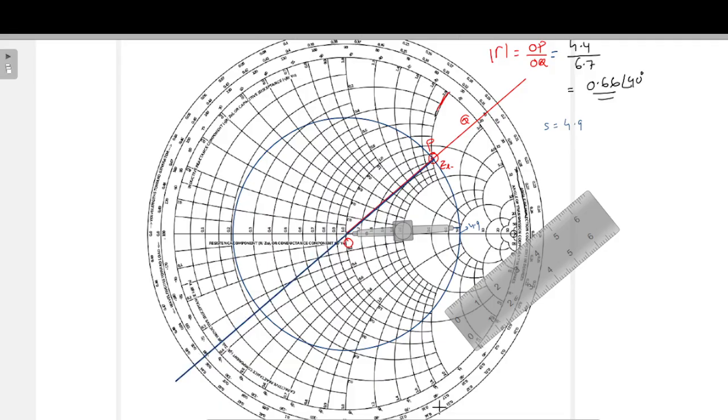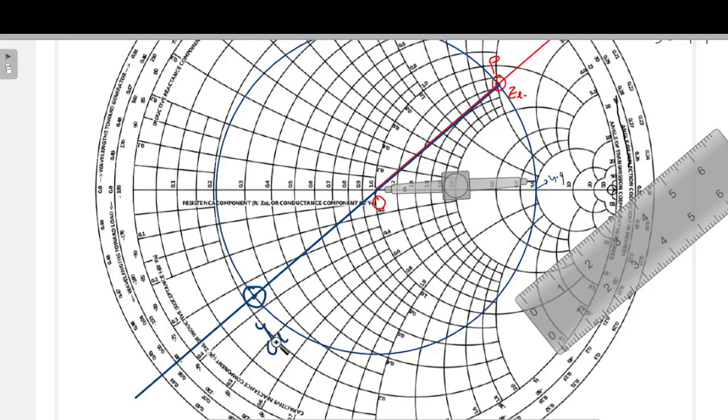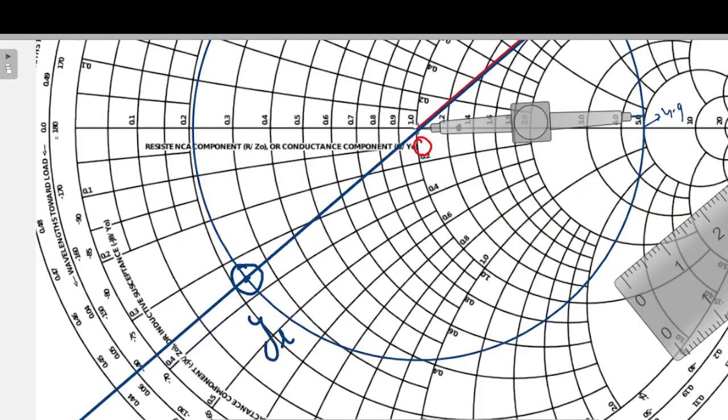Wherever it meets the constant SWR circle, that point is my load admittance. Now what is the value of this load admittance? We need to find that as well. Here this is the 0.2 circle in the real part, and it is crossing just near that, so I can take this as 0.22.